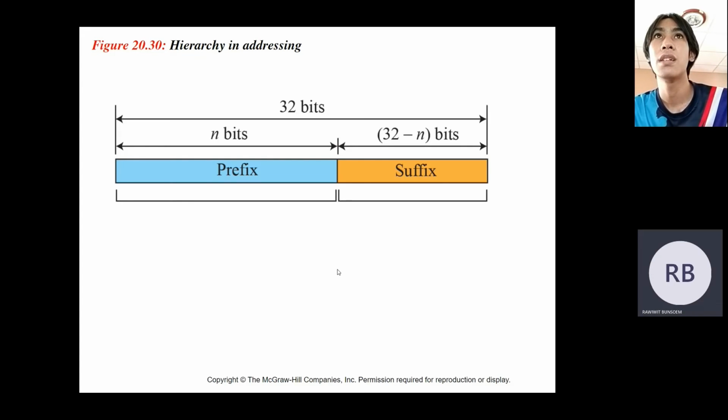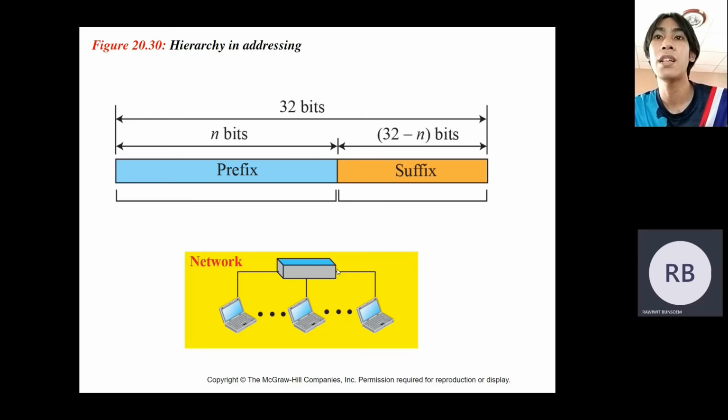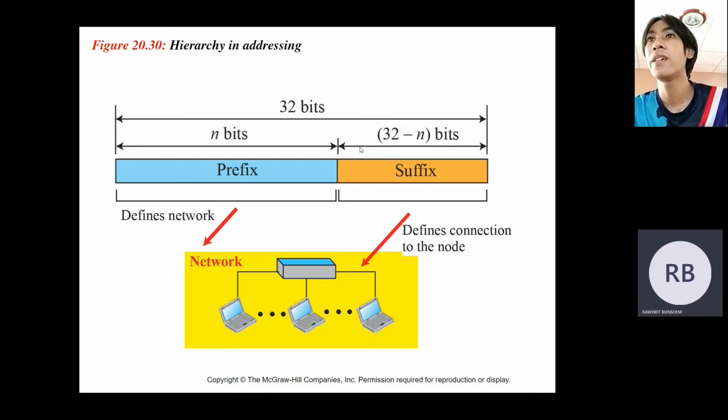Then there is hierarchy in addresses. An address has 32 bits; the prefix is n bits and the suffix is 32 minus n bits.